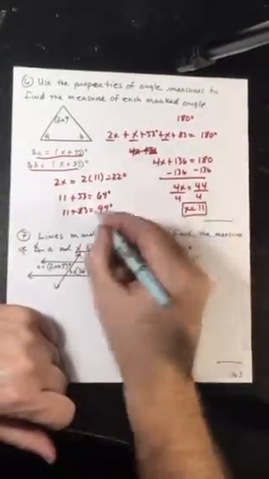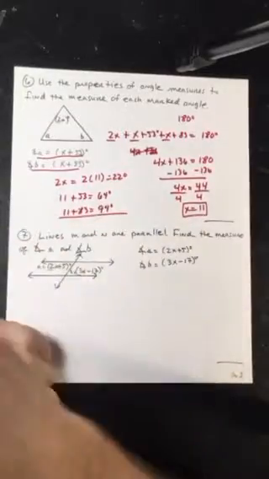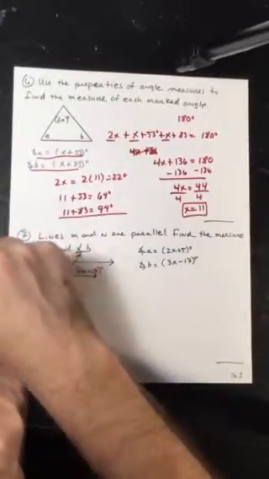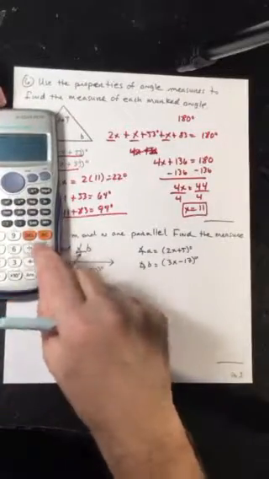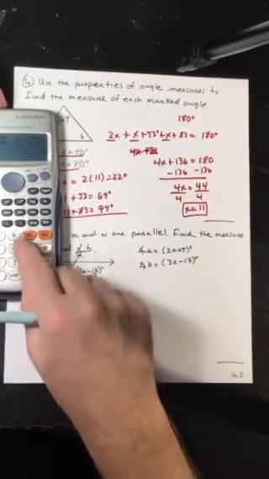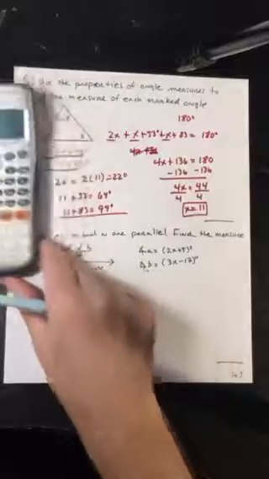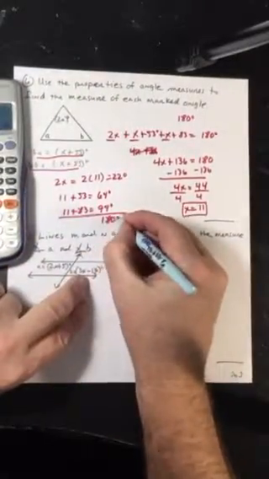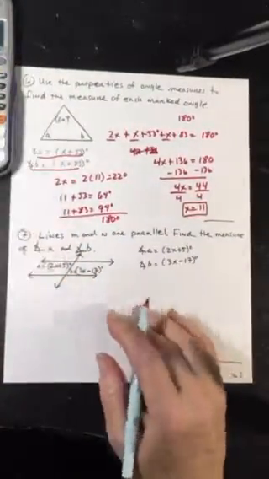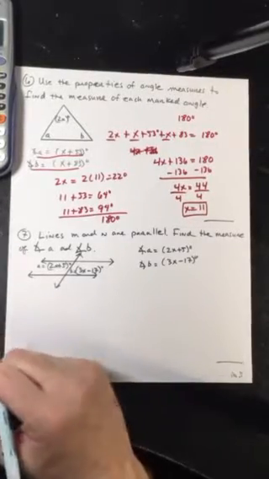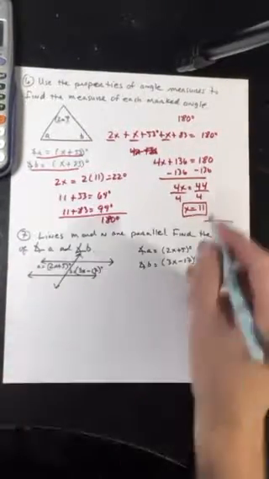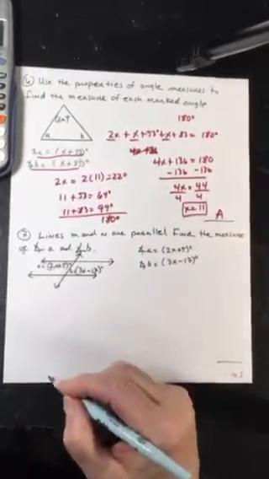So if I add those, I should get 180. So I got 22 plus 64 plus 94, total of 180 degrees. So my three angles are 22, 64, and 94. 22, 64, and 94 is A. So we should have got A for that one.